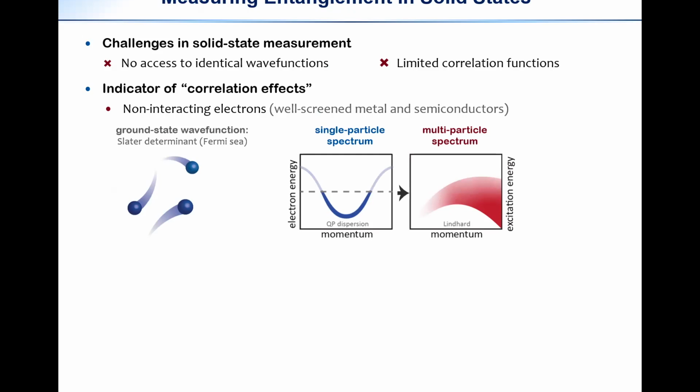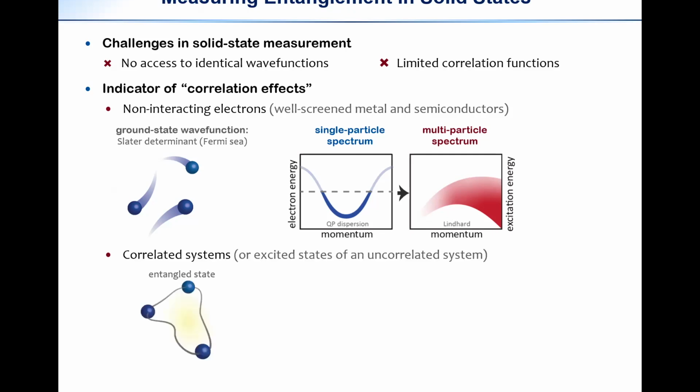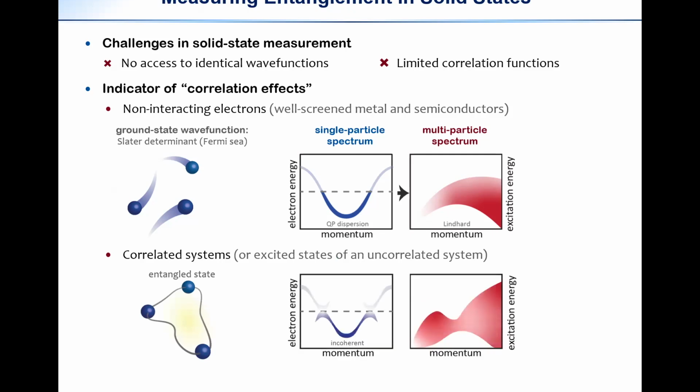So if you measure an ARPES spectrum and you measure neutron scattering or X-ray scattering, they should be fully representable by each other. You should be able to reconstruct the entire many-body, multi-particle response from the single-particle wave function. But if you have a correlated system, you have entanglement of the wave function, Wick's theorem doesn't work, and then you cannot reconstruct a scattering spectrum from a single-particle spectrum. This has been known in the community as an indicator of the correlation effect.